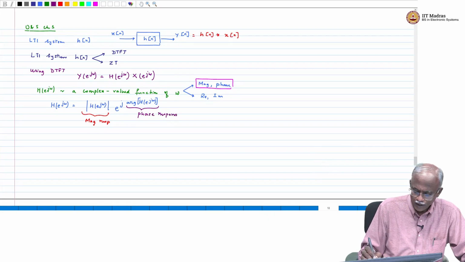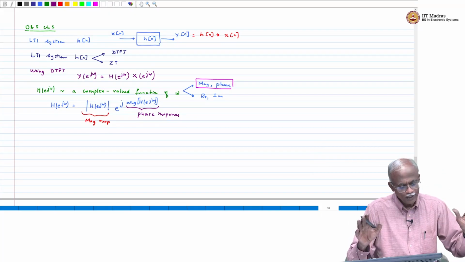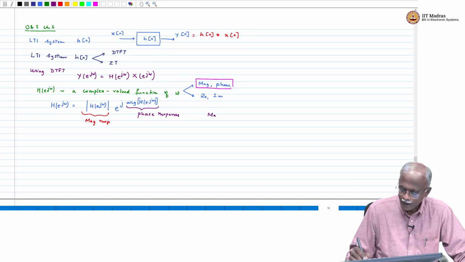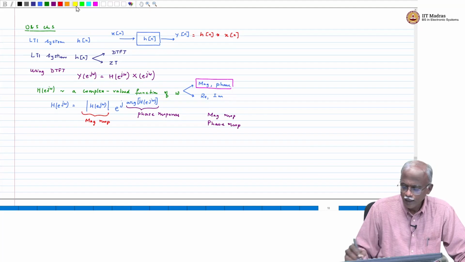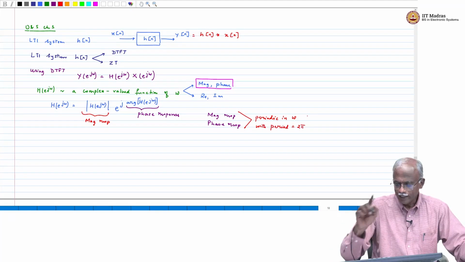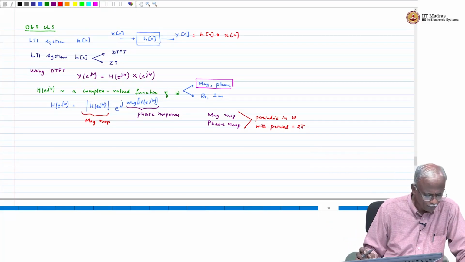Magnitude response, phase response: both are functions of omega, both are periodic in omega with period equal to 2 pi. Magnitude will have certain different properties, but at the end of the day, both are periodic.